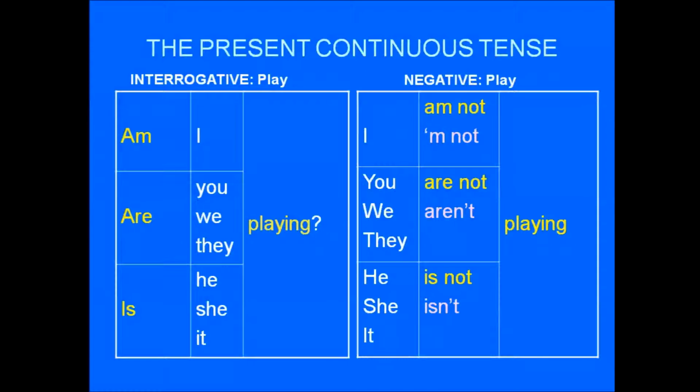In the negative form, you usually start the sentence with the subject and then to be, don't forget not, and then verb plus ing. I would say to be here is the present form.